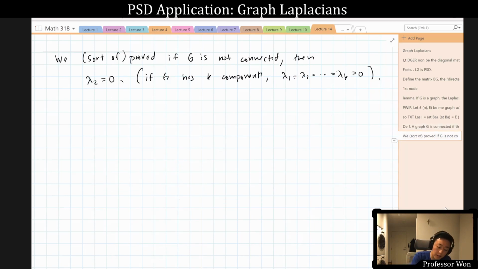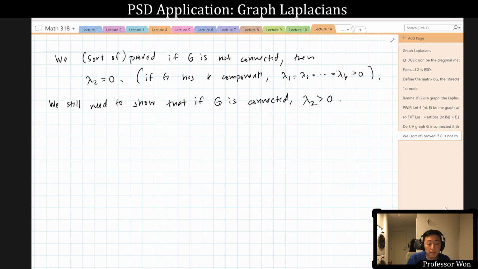So we still need to show that if G is connected, the second smallest eigenvalue is positive. Note that since LG is a symmetric matrix, it has n eigenvalues, and the multiplicities sum to n.